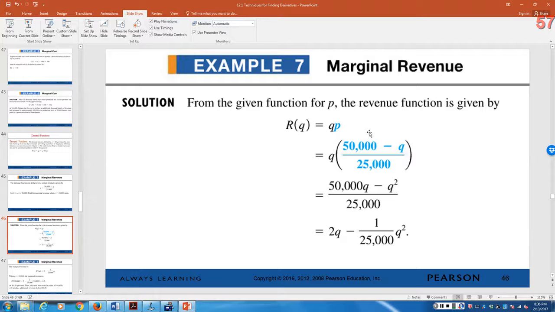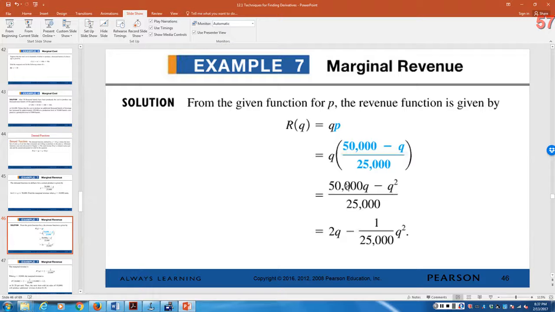And since the price is 50,000 minus Q over 25,000, if you multiply your numerator here, this is Q times the price, quantity times price to get revenue. 50,000 times Q is 50,000 Q, and Q times Q is Q squared, over 25,000. And then using the same little trick we used earlier, you're going to break up that 25,000 and put it under the first term in the numerator, and also under the second term.